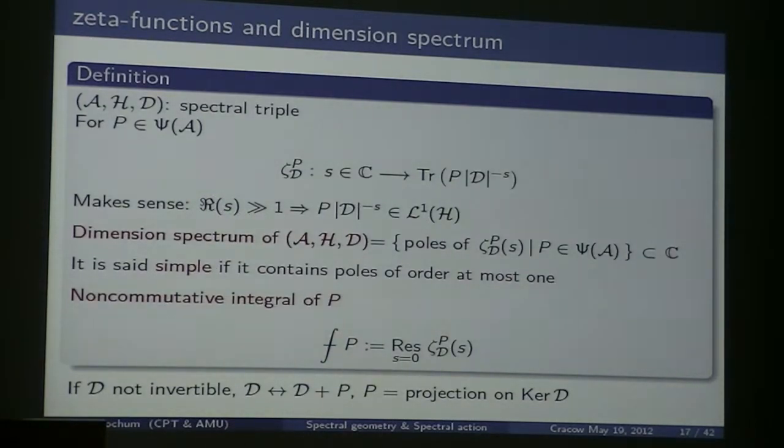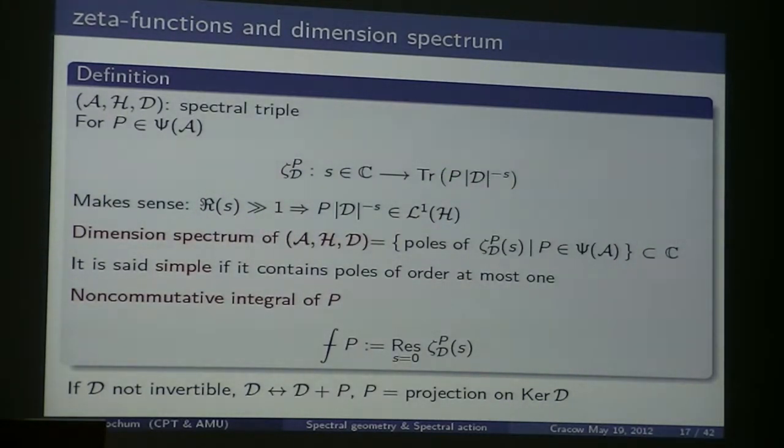S is a complex number, and this means that this operator here is trace class in this case. But at some point S, you have an explosion. Okay, so the dimension spectrum of your spectral triple is the set of all the points in the complex plane where you have problems, and the problems are always created by the poles of this map.